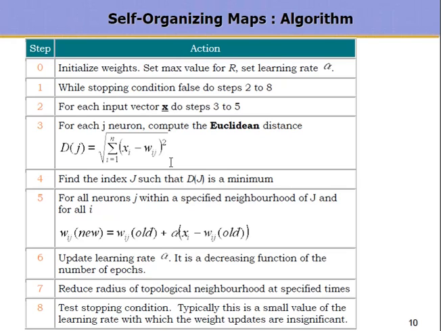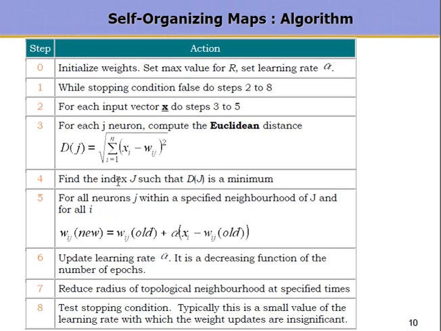Once we have all these distances, where d of j represents the distance here, we need to figure out the index j for which the value of d is minimum, right? So we are looking for the minimum distance value for j.